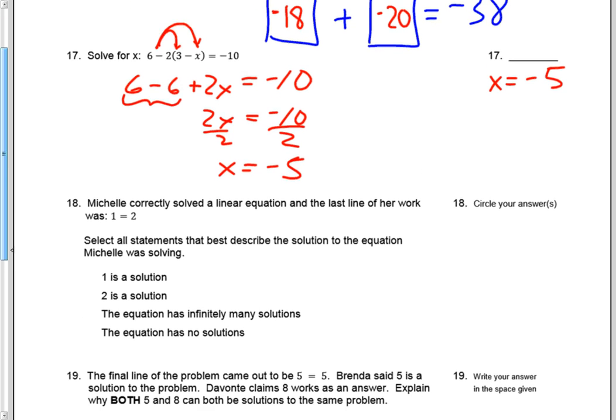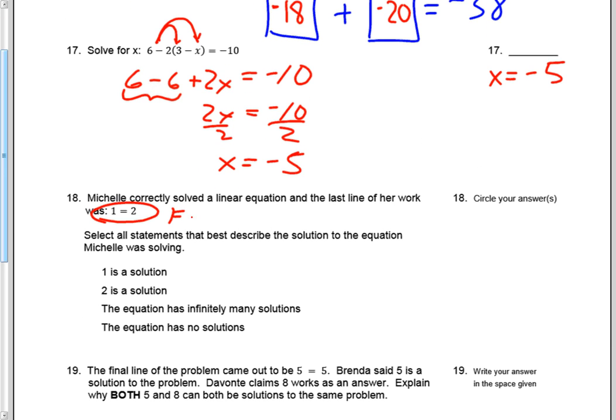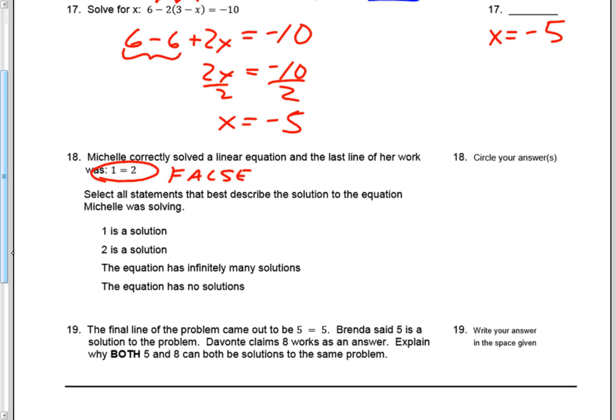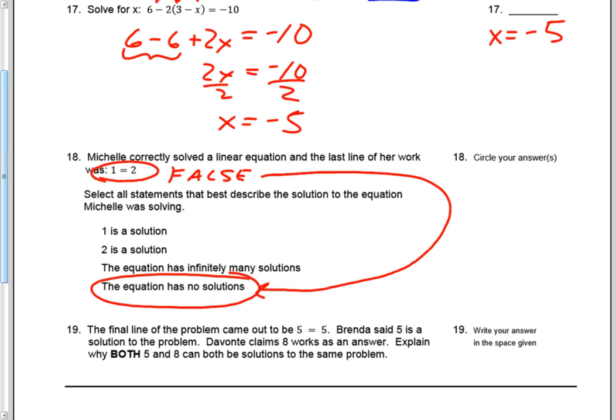What does it mean when you get a false statement? This up here. So as soon as you get false, we say no solutions. 1 is not equal to 2.